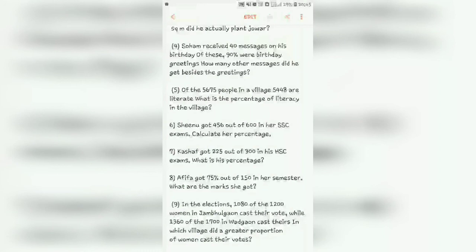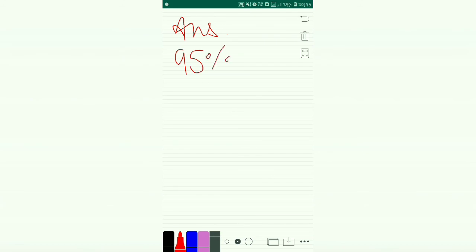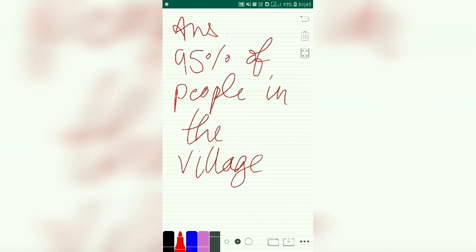95% of literacy in the village. There is 95% of people in the village who are literate. Any sentence you can write. 95% of people in the village are literate.